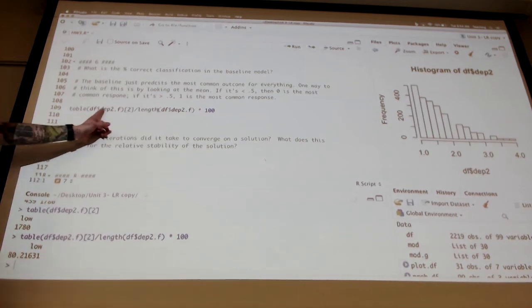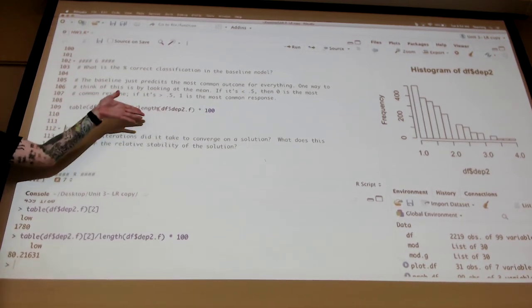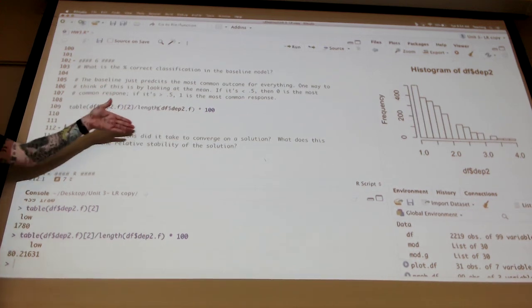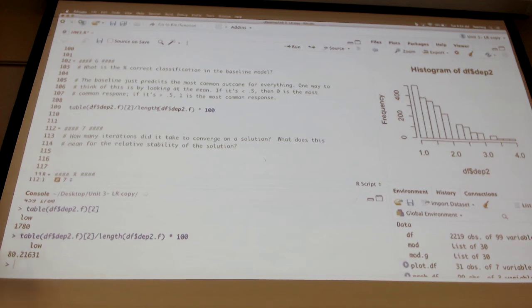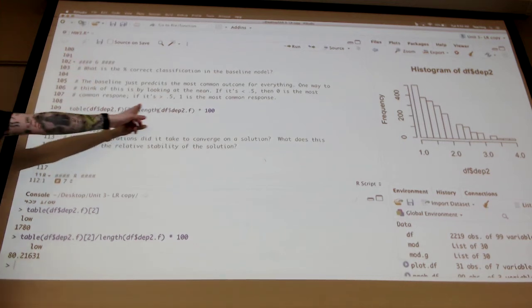And again, the reason I really appreciate it becoming habitual to not explicitly enter stuff into scripts, but rather extract from the data, is because, what if we go back and realize, oh wait, we've got a handful of 17-year-olds that we didn't get parental consent from. We have to remove these 5 people from our data. And now, if you just type in 1,780 divided by the total, when you go back and rerun your script, now your baseline classification is wrong. So this is why here, it doesn't matter.